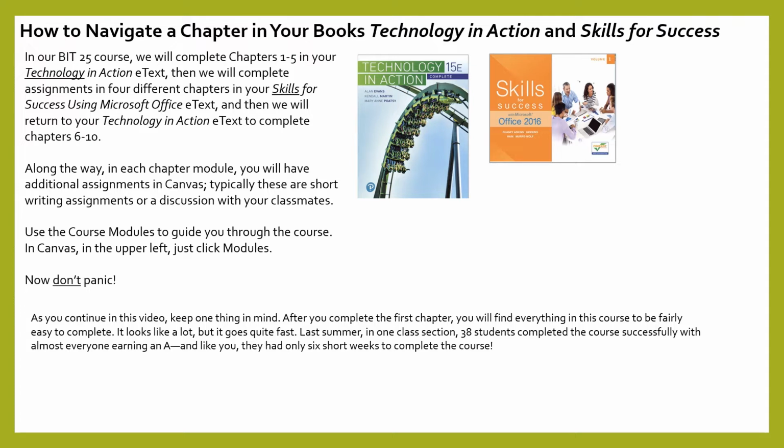And then we will return to your Technology in Action e-text to complete chapters 6 through 10. Along the way, in each chapter module, you will have additional assignments in Canvas. Typically, these are short writing assignments or a discussion with your classmates. Use the course modules to guide you through the course. In Canvas, in the upper left, just click Modules.